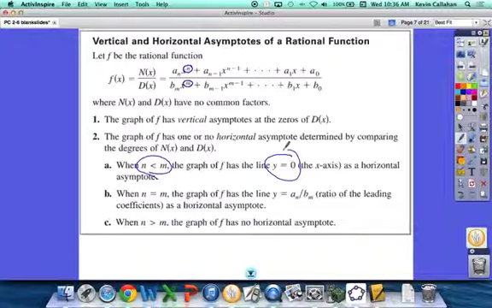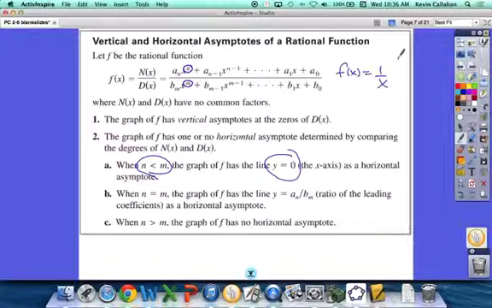Always y equals 0. Just like the f of x equals 1 over x that we just did, right? Which has a higher degree, the numerator or denominator? Denominator, it's x to the first. Numerator is a constant. So that would have to have a horizontal asymptote at y equals 0. And it did, right? We already saw that.